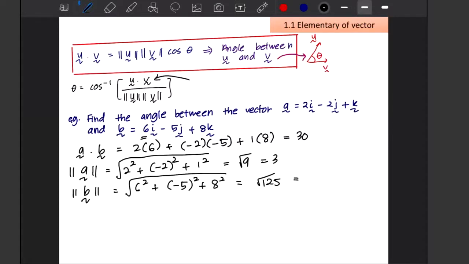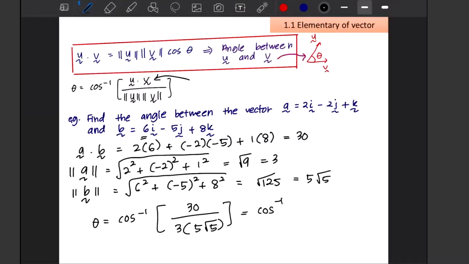Using your calculator, you can simplify it as 5 square root 5. So to find theta, inverse cosine of 30 divided by 3 multiplied by 5 square root 5, and then simplify. You can leave it like that or you can use your calculator.